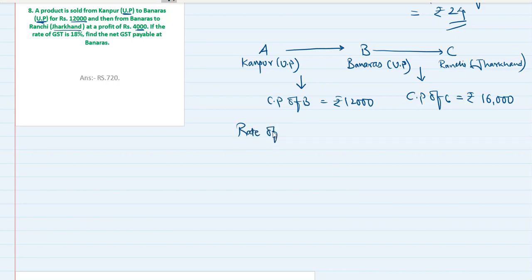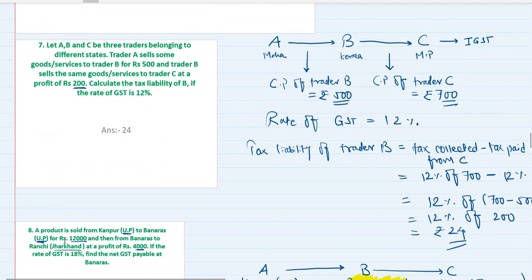So the rate of GST is equal to 18%. What is the net GST payable at Banaras? Now again, Banaras is the middle link in the whole chain which we are seeing over here. So the tax liability of trader B, who is at Banaras, can be calculated very easily, just like the previous question.